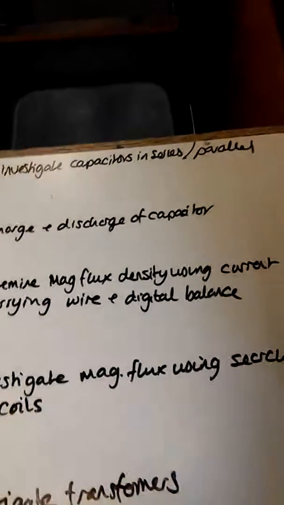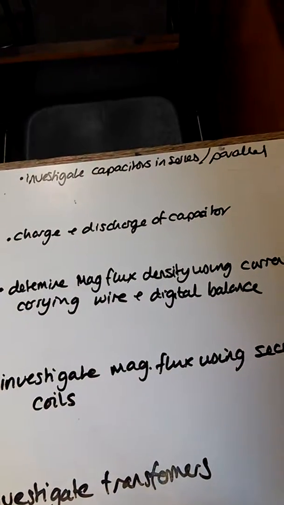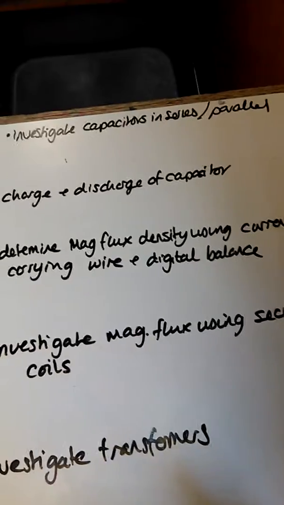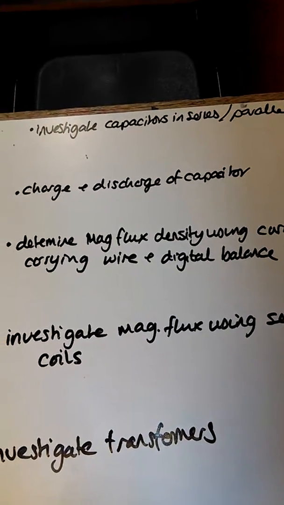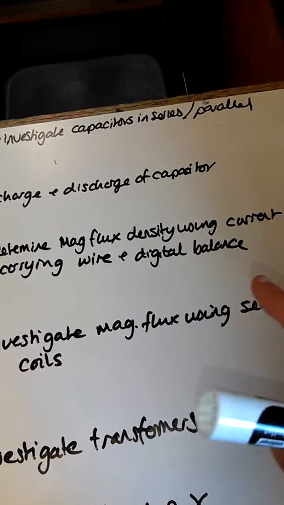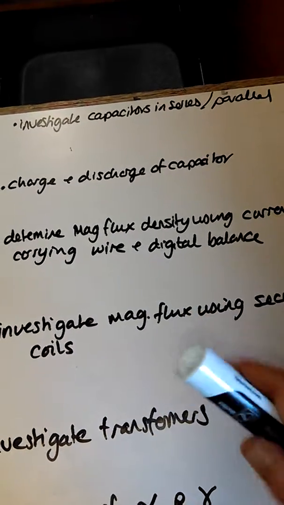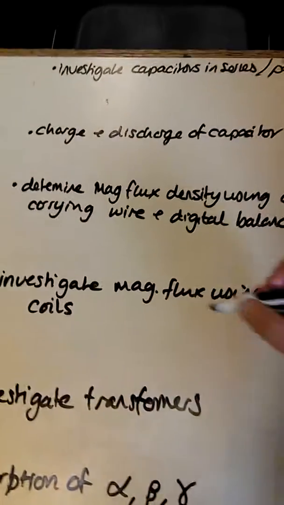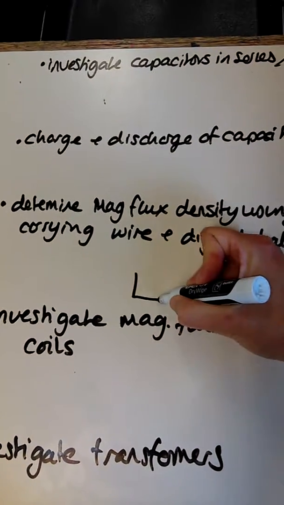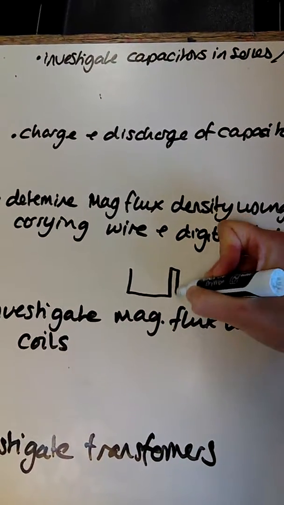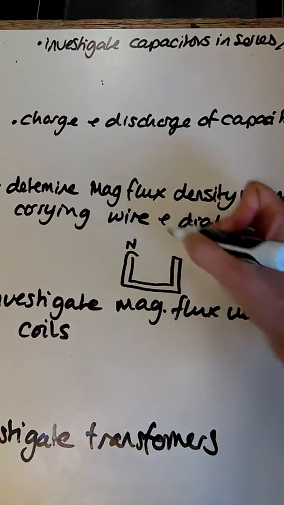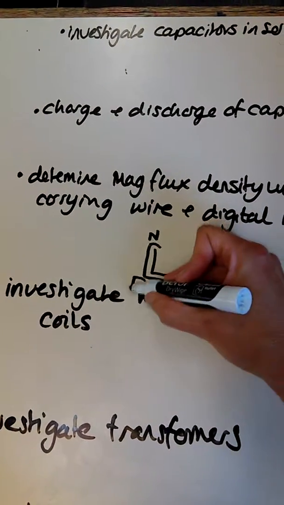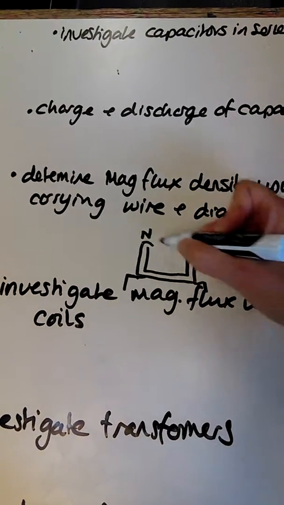The Year 13 practicals, investigating capacitors in series and parallel, and also charge and discharge of capacitors, I've gone over in the capacitors video. The magnetic flux density using current carrying wire and a digital balance. That would be if we had a magnet, say we've got a horseshoe magnet like that with a north and a south on it, and we put it on top of some scales, on top of a balance.